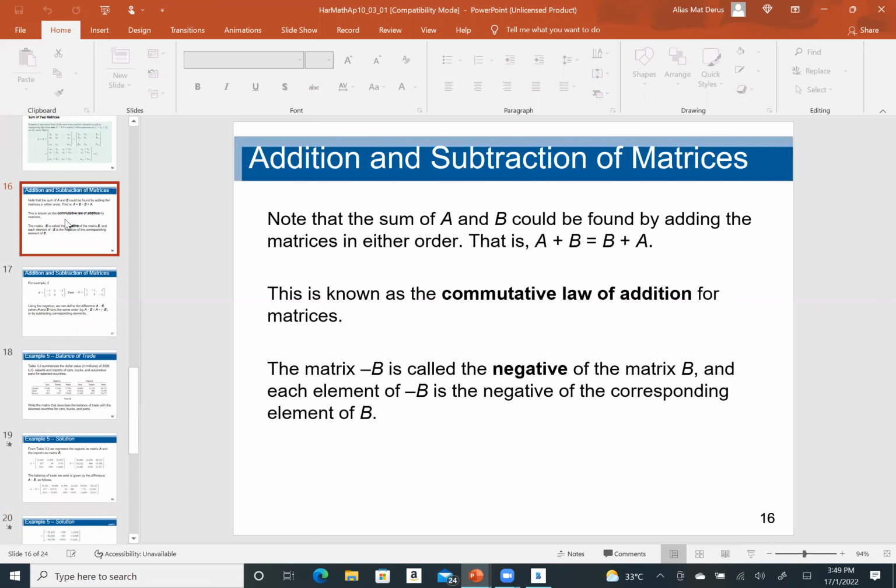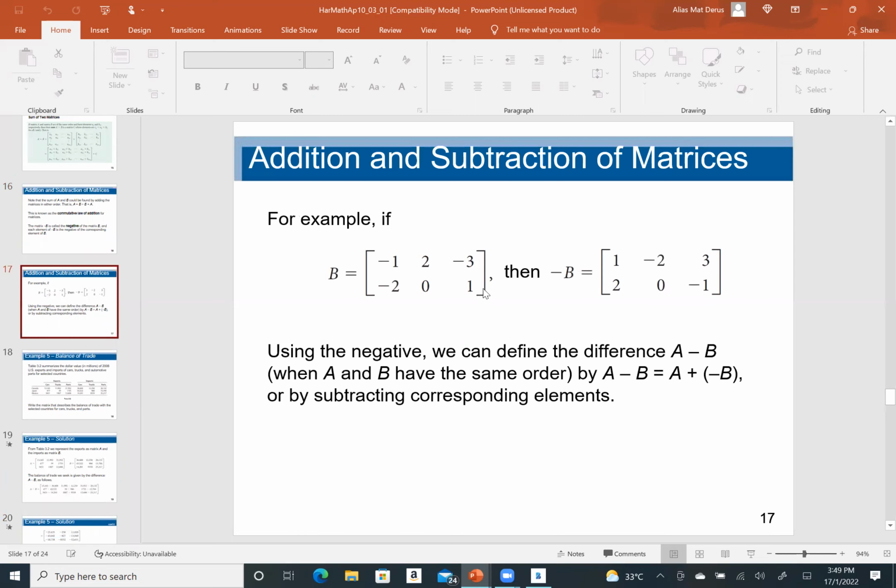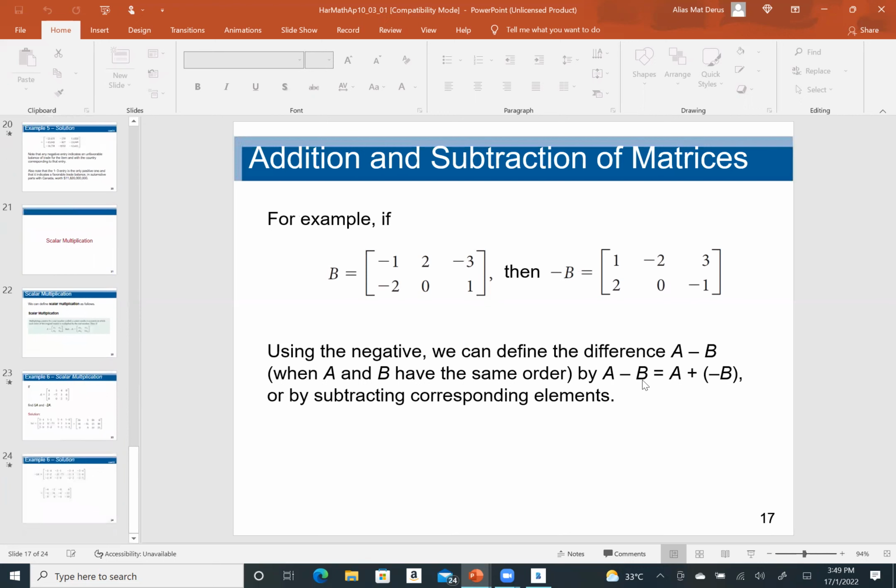You compare. Mana ni? All right. We come back afterwards. Kita buat.